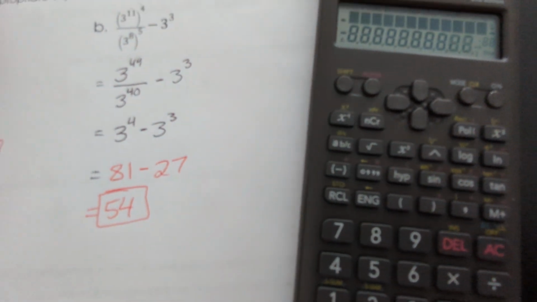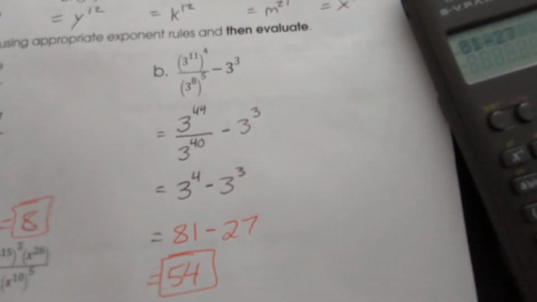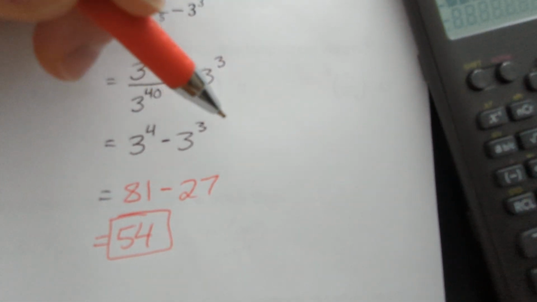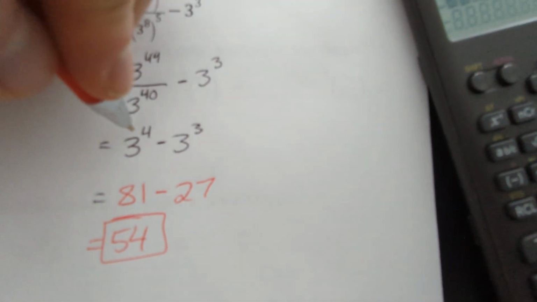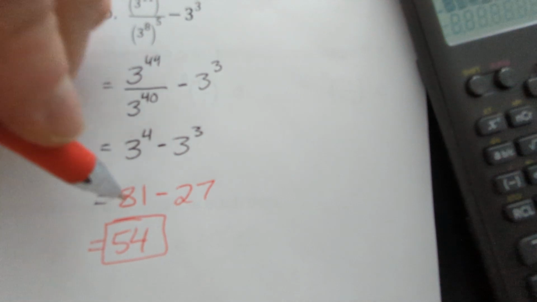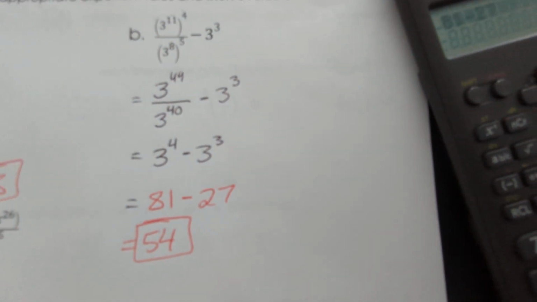Okay, very important that you don't make this mistake, right? Don't add or subtract or multiply these exponents. There's no rule for this, so you have to do them individually, subtract them after.